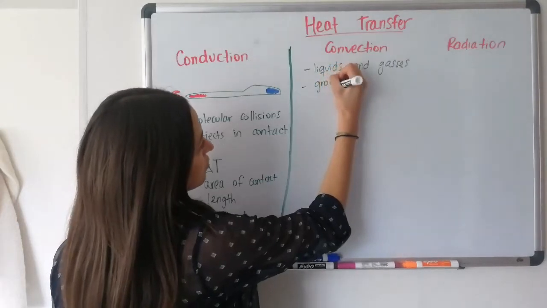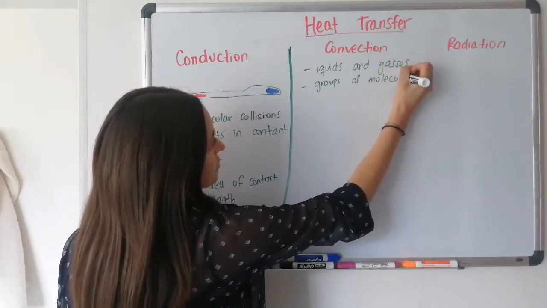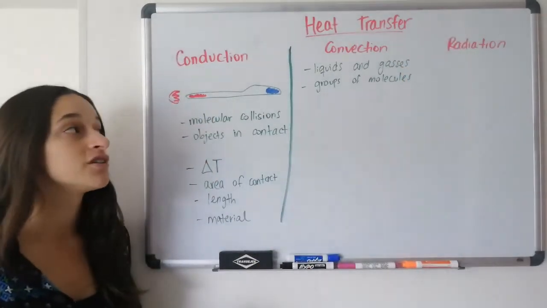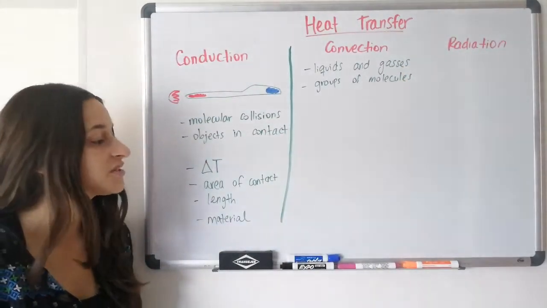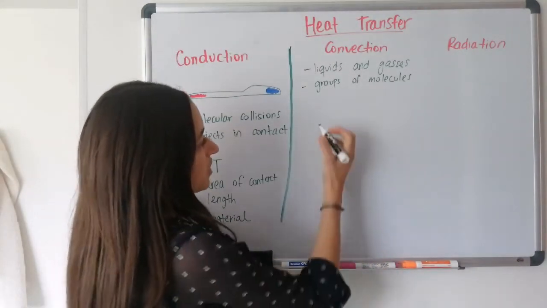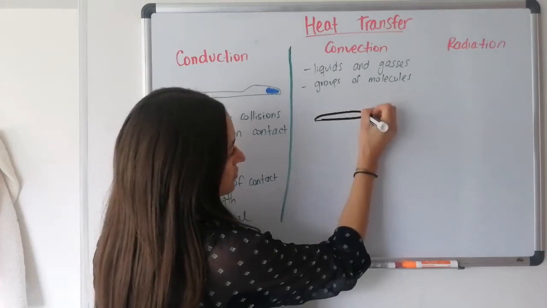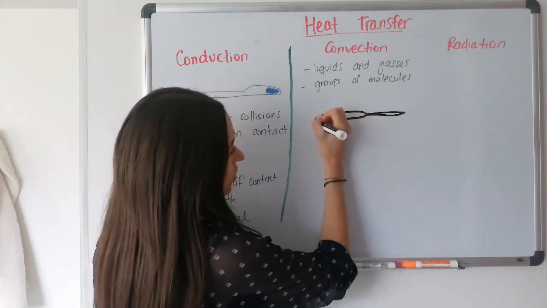So it's not about individual molecules anymore, it's about groups of molecules. We're going to see an example of convection with gizmos in a second, but basically it's what happens when you heat up a pot on a stove. So let me see if I can draw a pot.